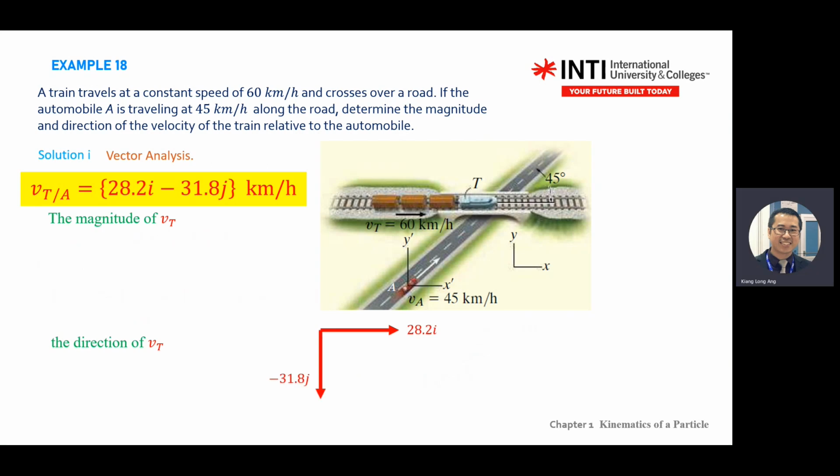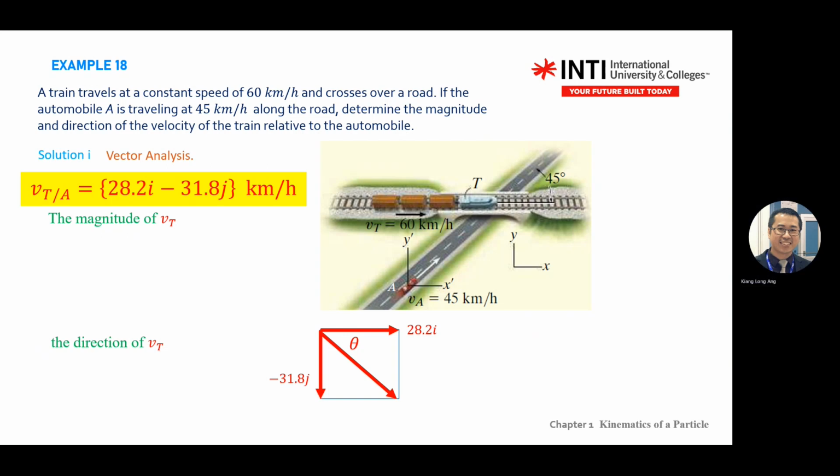Okay, so this is what I'll show you. You draw this vector into a vector diagram. Positive 28i moves to the right, negative 31 moves down because your y positive goes up. Negative means go down. Then there's an angle for you to find. This angle is referring to the horizontal track on your x-axis.